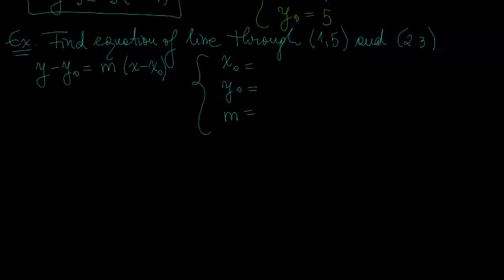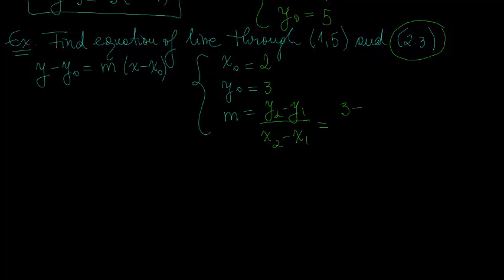So x0 and y0 can be determined by finding a point on the line, where either of these 2 points is on this line. So let's just pick the second point. Then x0 is 2 and y0 is 3. For m, I didn't give it to you here, so we're just going to use the formula for the slope, y2 minus y1 over x2 minus x1.